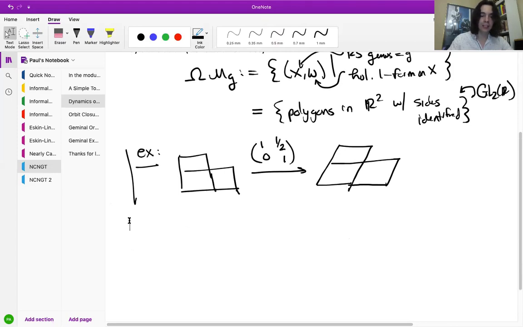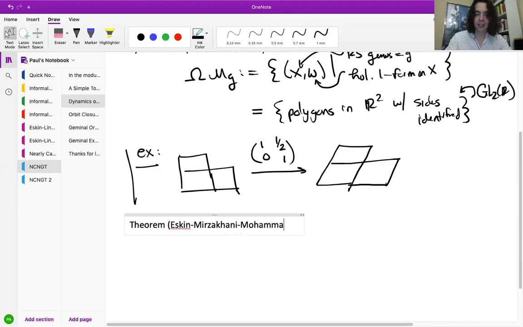So now you can ask a dynamical question. I'm going to ask the question of what does the orbit of a Riemann surface X and a holomorphic one-form omega look like under GL2R? And the answer to that question is given by the theorem of Eskin-Mirzakhani and Mohammadi when g is bigger than 2, and by Curtis McMullen when g is equal to 2. And it says the following.